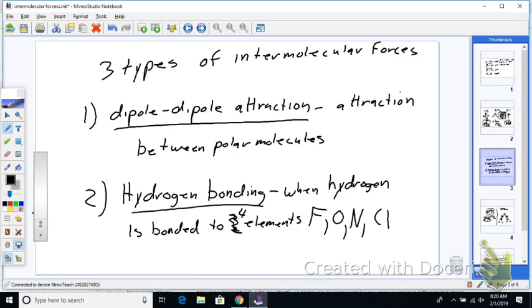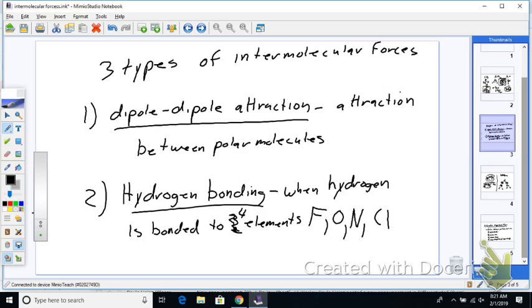So if something has hydrogen bonding, that's usually the strongest. Dipole-dipole attraction is usually next, depending upon the difference in the polarity. And then the last one is quite unique. Okay, it's called dispersion forces. If you look at the bottom of page 299, they talk about this thing called a very weak attraction called dispersion forces.